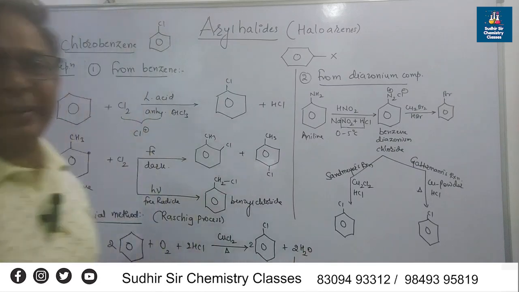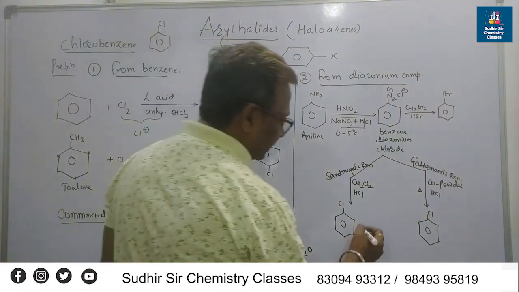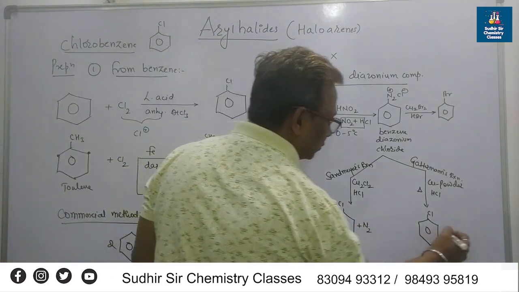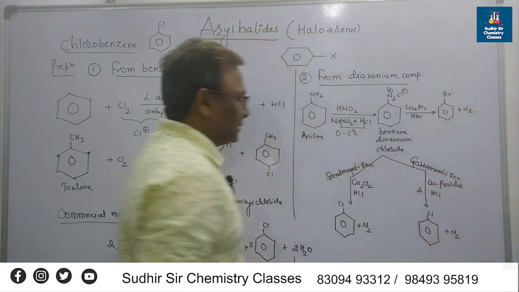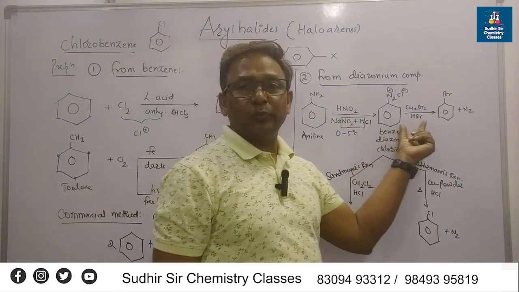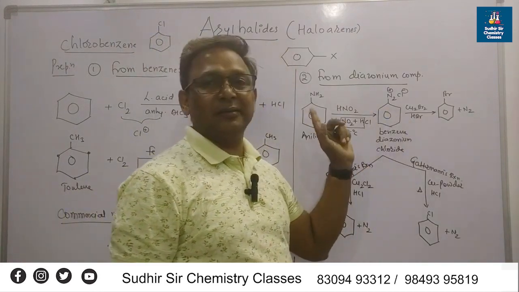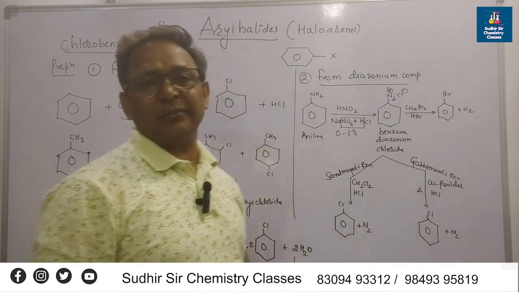In all the cases, beta, the byproduct is what? N2 gas, right? N2 gas is the byproduct we are getting here, and here also. But see beta, Cu2Cl2 with HCl is Sandmeyer, Cu2Br2 with HBr is Sandmeyer. But wherever we use copper powder and HCl, it is called Gattermann.